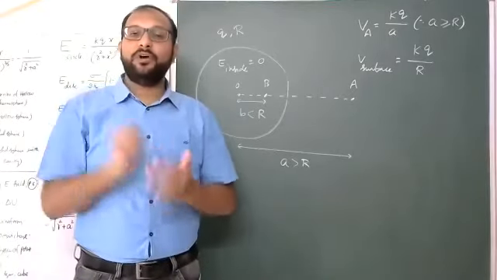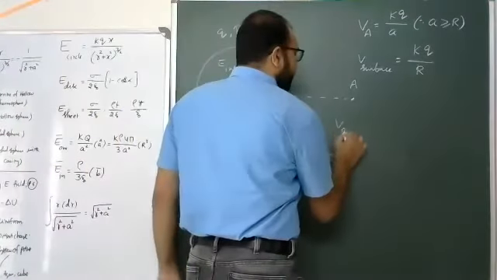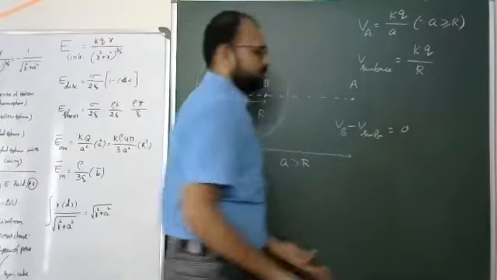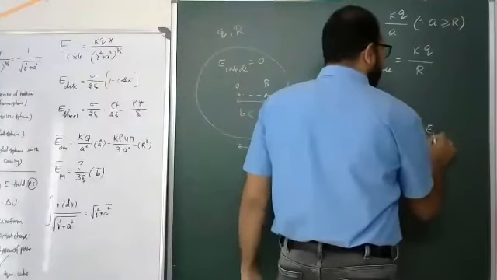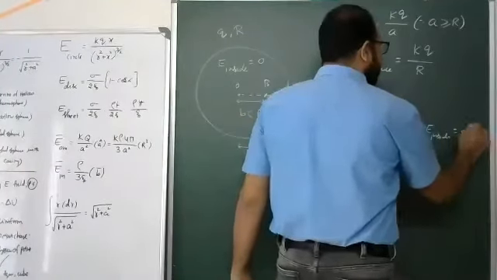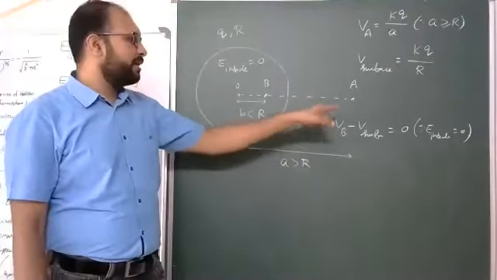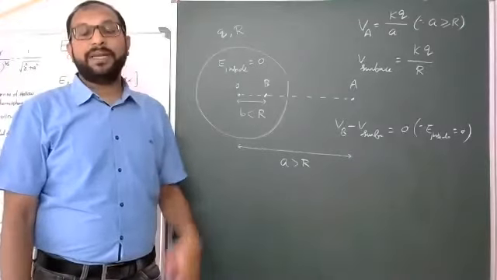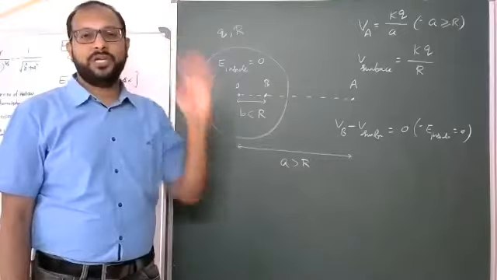Here VB minus V surface equals 0. Why? Because the electric field inside is 0, since dV equals minus integral E dot dr, so E is 0 and dV is also 0.